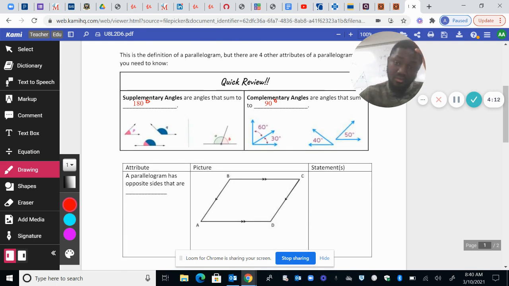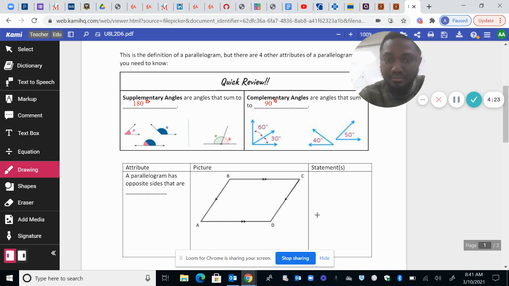So they are said to be complementary. So these are the attributes of parallelograms we want to talk about right now. As you can see here, the opposite side here and this opposite side here, BC and AD. So we're going to write BC.